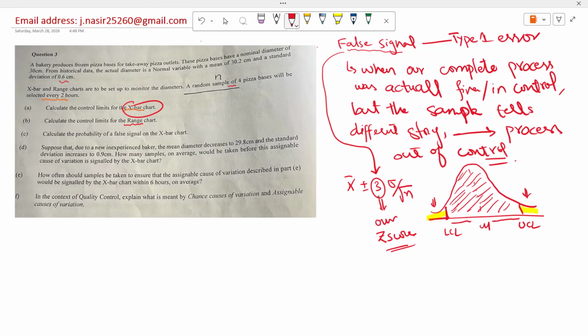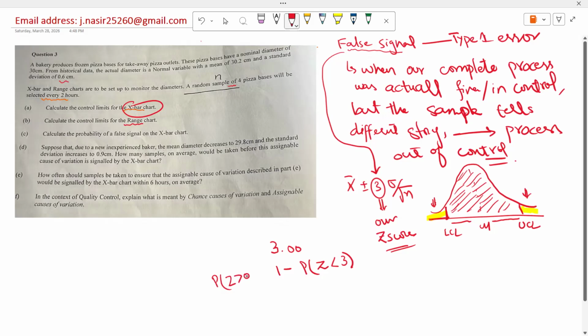So you can go to the z-table and check the probability against 3.00, and whatever that probability is, you can take that probability from 1, and you will get the area in one tail.